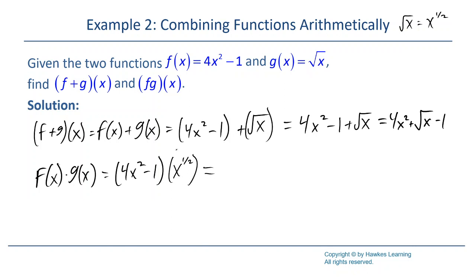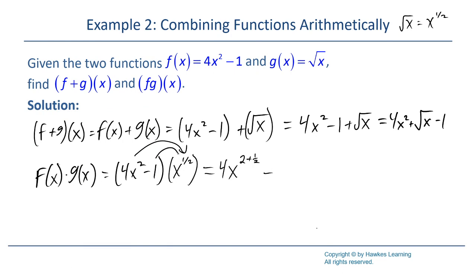And when you do that, 4x squared times x to the 1/2 becomes 4 times x to the 2 plus 1/2, because these have the same base, which is x, which means you just get to add the exponents.